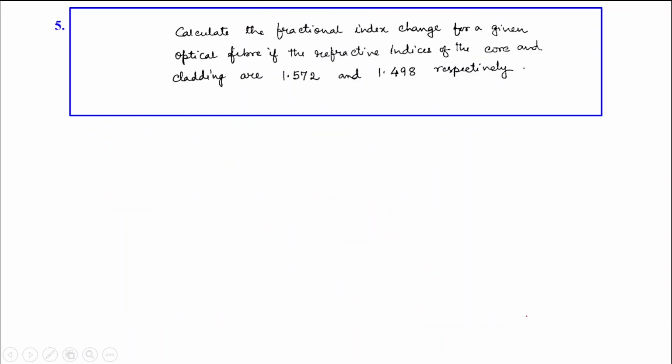Our next problem is: calculate the fractional index change for a given optical fiber if the refractive indices of the core and the cladding are 1.572 and 1.498 respectively. So how do we define the fractional index change?